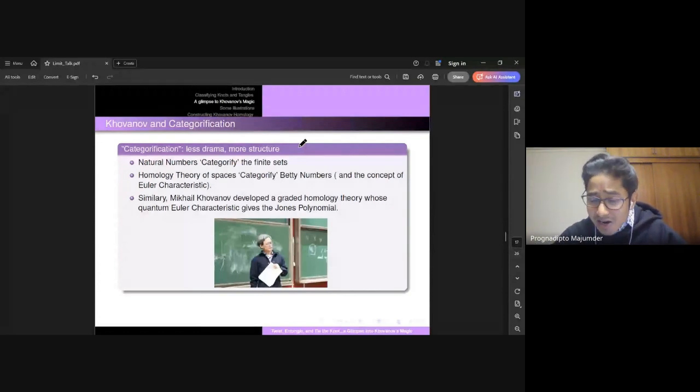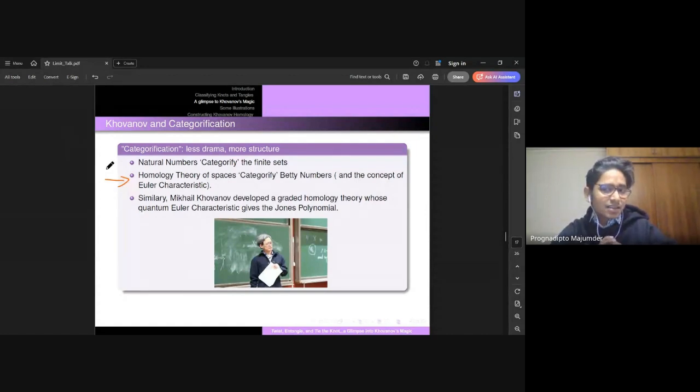So, okay. Now the next thing is homology theory. I don't think I have time to discuss this homology theory in detail. So in topology, when we study spaces, historically, people first developed something about the Betti numbers and the Euler characteristic.